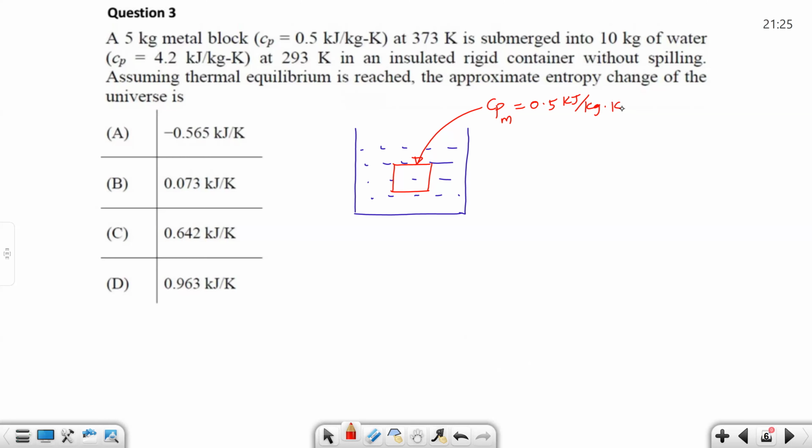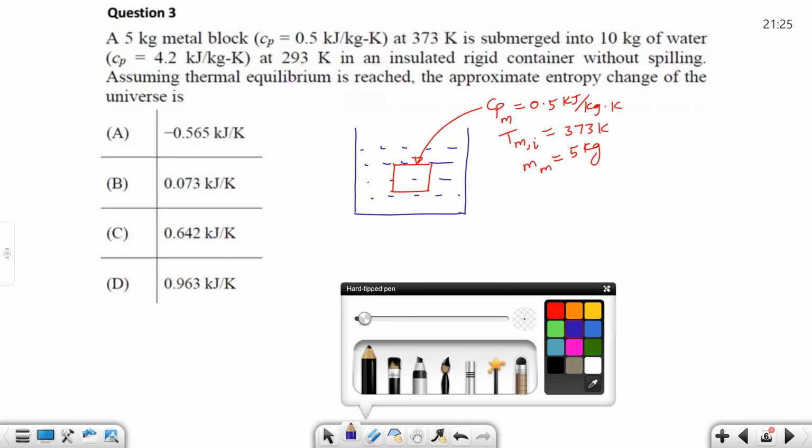The metal block's initial temperature is 373 Kelvin, and its mass is 5 kg. That is about the metal block.